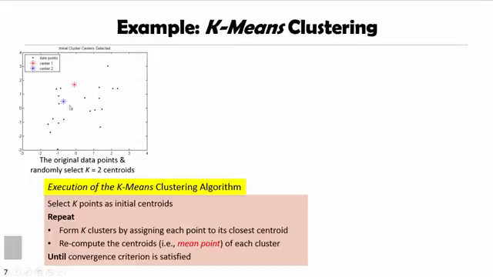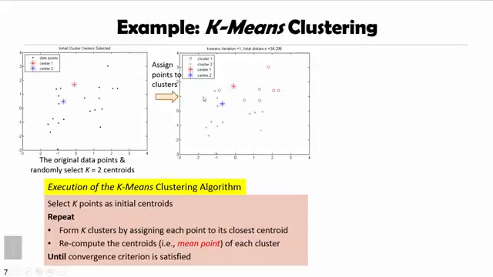Now k is 2, so we select 2 initial centroids. Once we select them, we form k clusters by assigning each point to its closest centroid. You can see we assign these black points either to the red centroid or to the blue centroid. That's the current assignment.